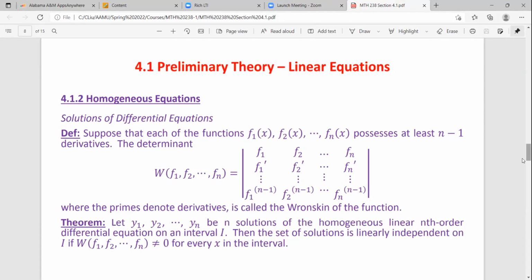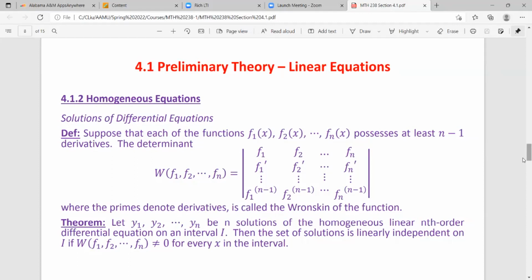So let y1, y2, up to yn be n solutions of the homogeneous linear nth order differential equation on the interval I. So we got the n solutions for the homogeneous linear differential equation. Okay. So again, homogeneous means the right-hand side of the equation is 0. So suppose we already found n solutions for that differential equation.